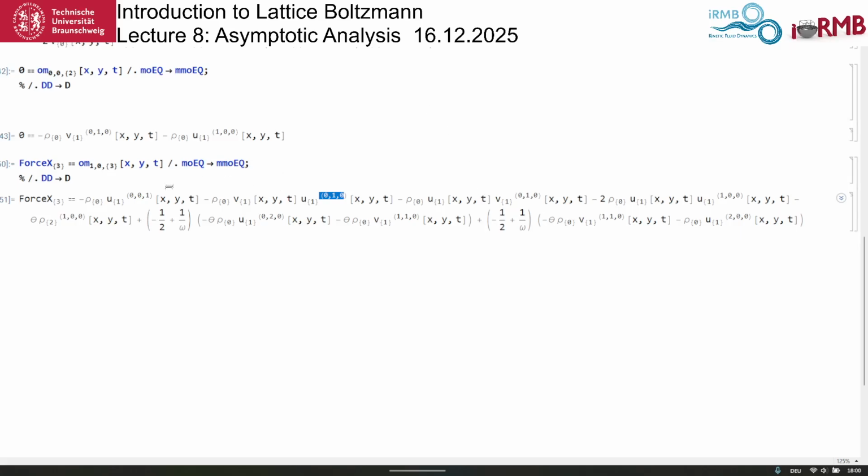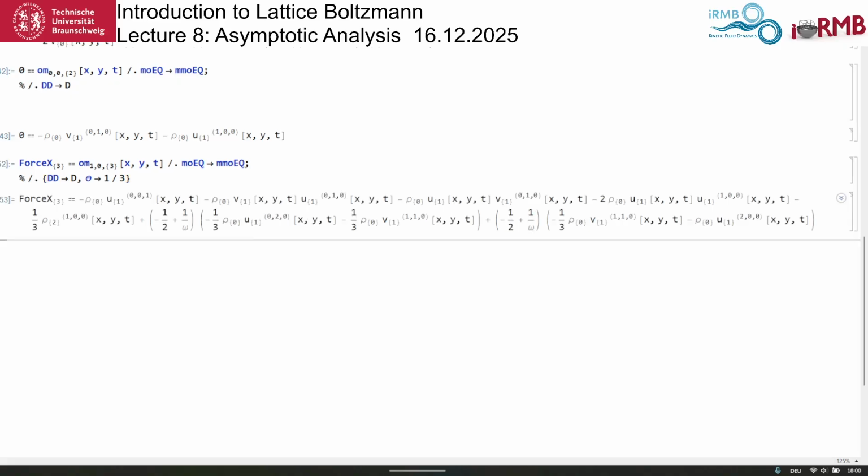So what we can do is, okay, we'll also replace the theta. Theta by 1/3. And what we can also do is, because we already know it, we can replace, okay, so what is solve?